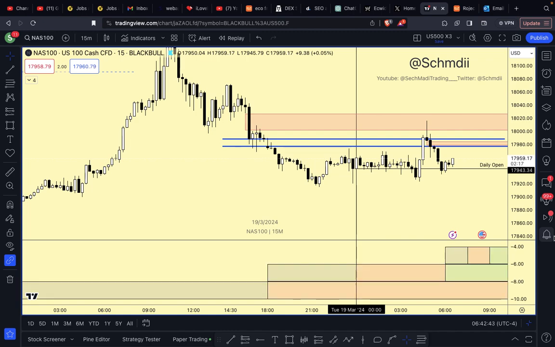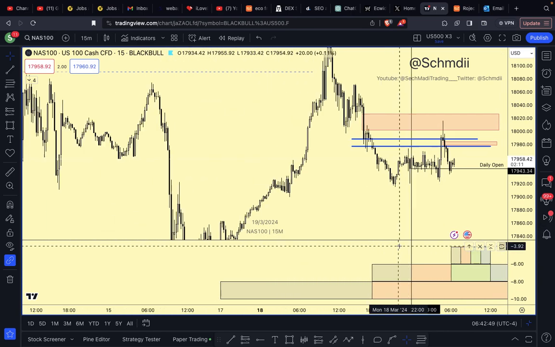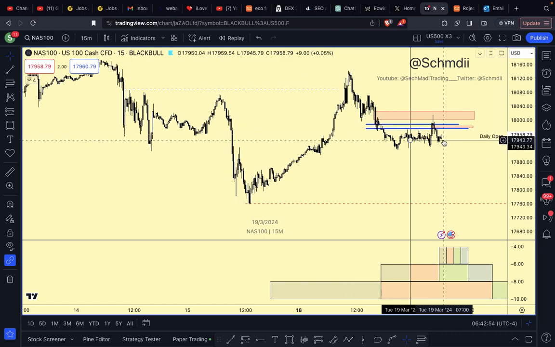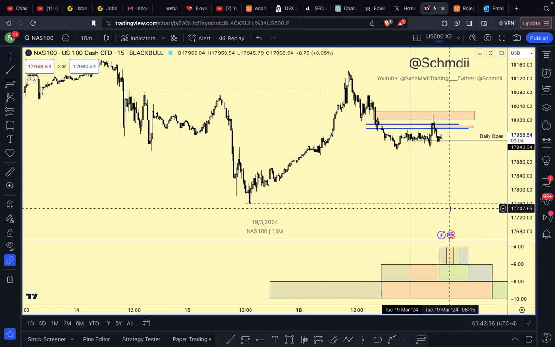So that 4 hour gap lines up nicely with that M15 fair value gap that we are currently looking at. So we'll see. Like I said, for me today, I'm looking for price to push bearishly, but we'll see what price provides us. Ideally from 9, that's when we'll be looking to take our entries.